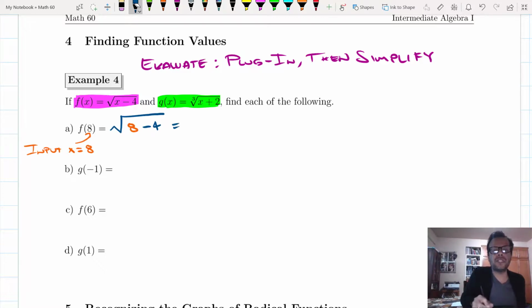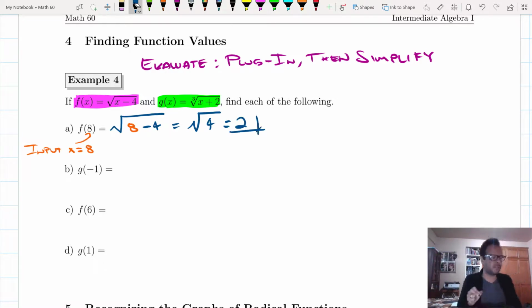So 8 minus 4, in this case, we have the square root of 4, and that's a nice number. The square root of 4 is just 2, all right? So I'm gonna highlight this f with purple right here, just so you can see which function we're gonna use, all right?